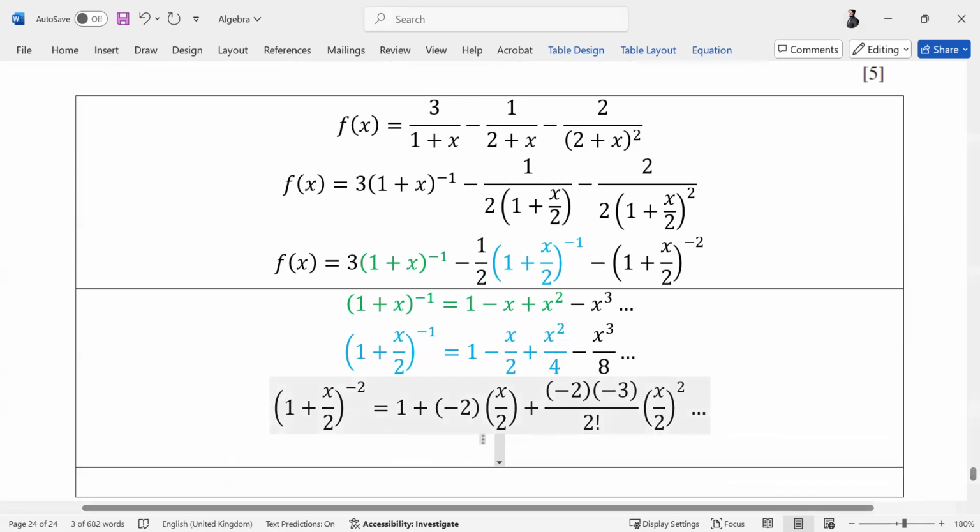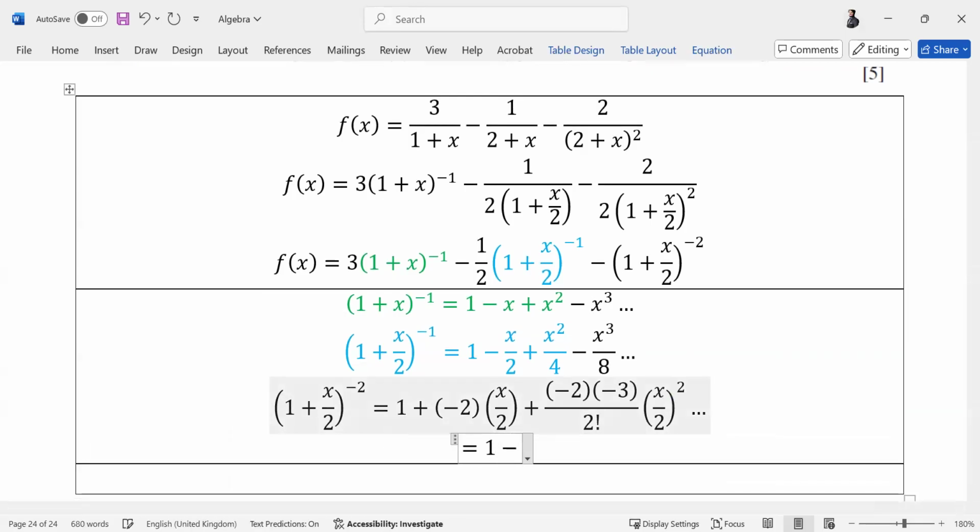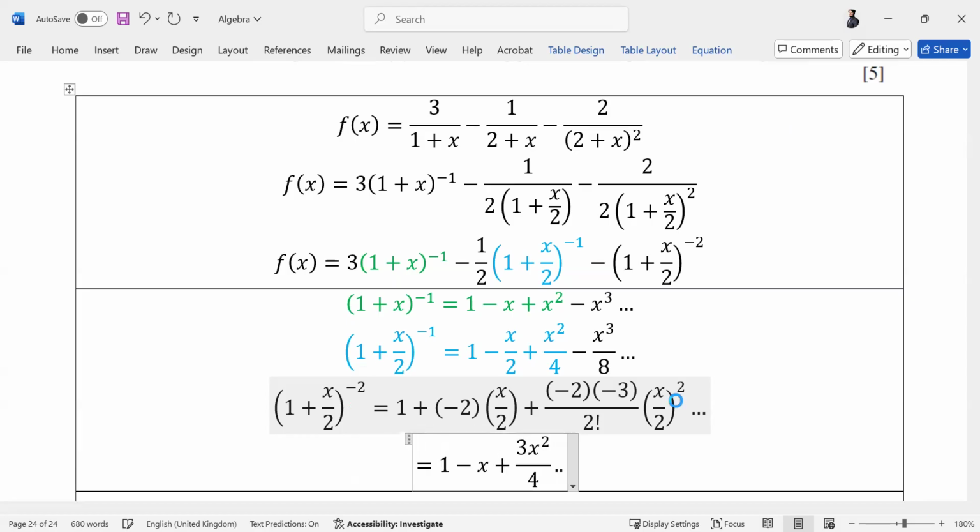So what do you end up getting then? 1 minus x. And what is the third term? 3 positive 3x square upon 4.